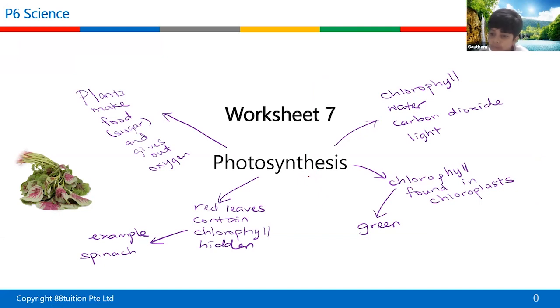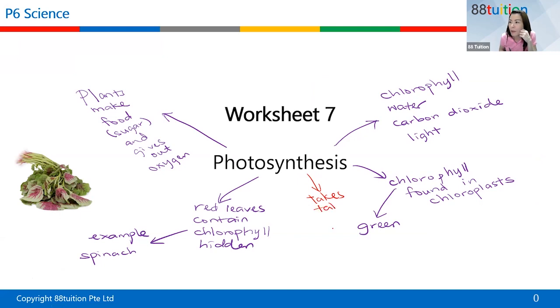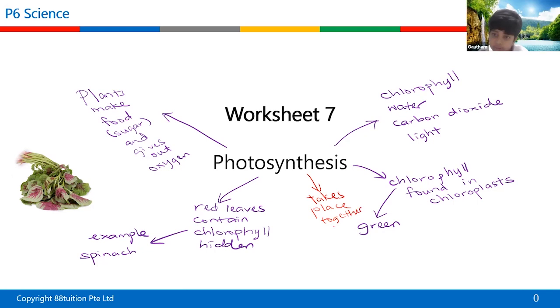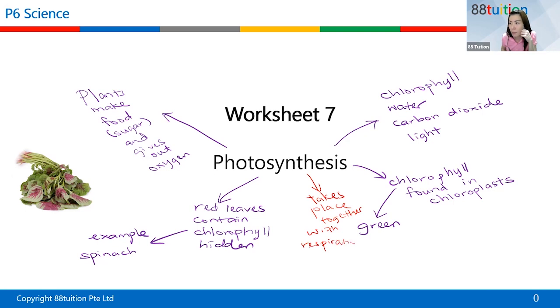Okay, it takes place together with respiration. What is respiration? A process which plants take in oxygen and give out carbon dioxide, just like human beings and other living things, isn't it?